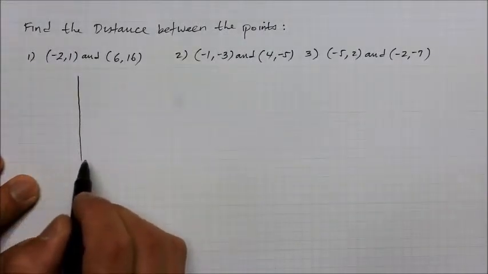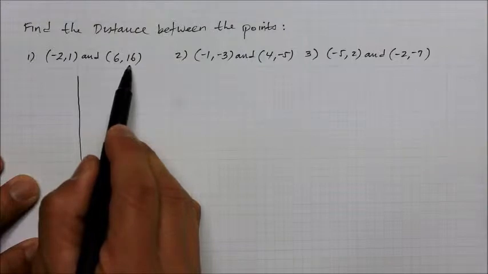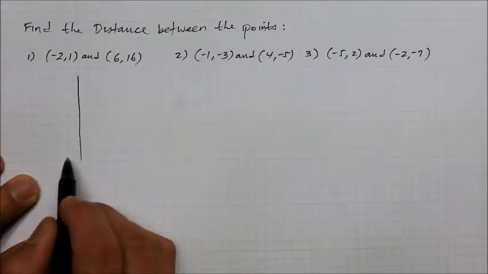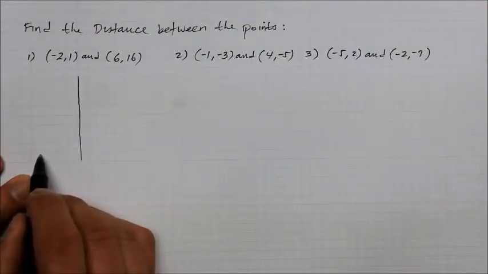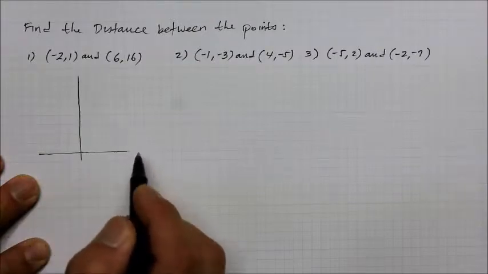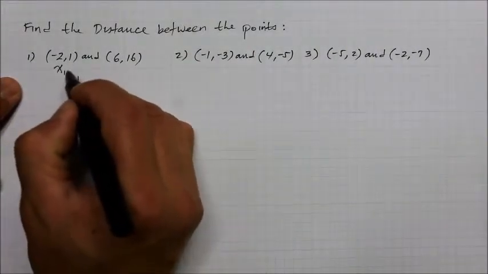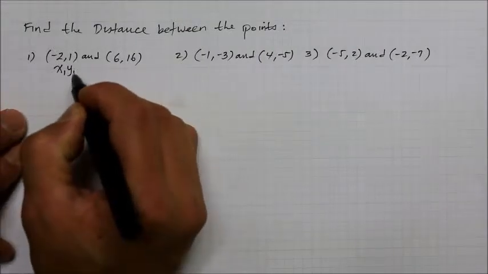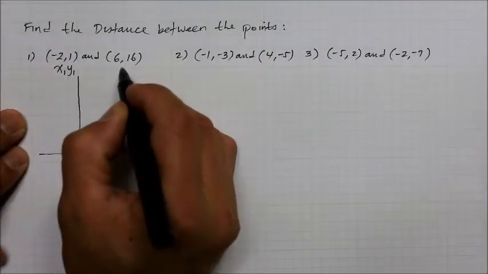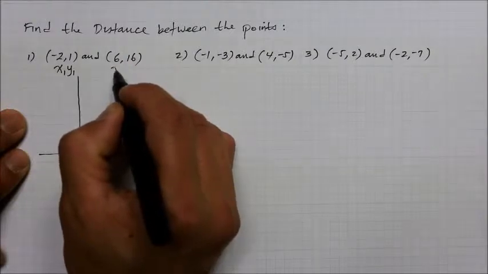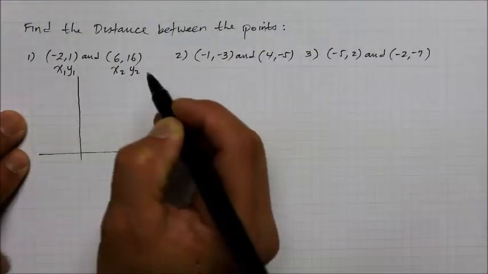Let's say we have a point with a y value that is quite high. Let's say the first coordinate, let's label that as x1, y1. Then the next ordered pair, I should label it as x2, y2.